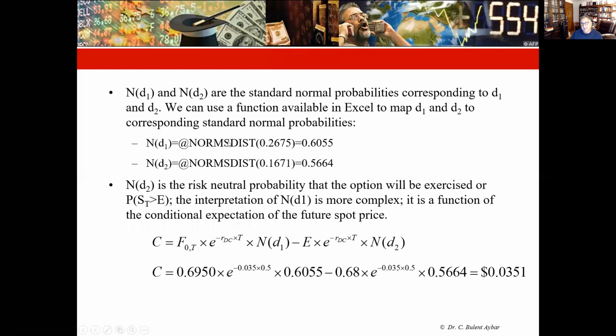When we plug a parameter into this function, it gives us a probability associated with that parameter. So essentially, this is a standard normal distribution. D1 is one of the values on the x-axis, and there is a corresponding probability associated with that particular value, and that is given to us with this equation in here.